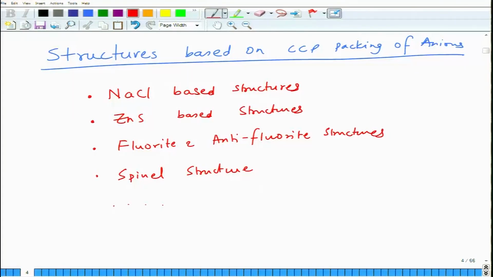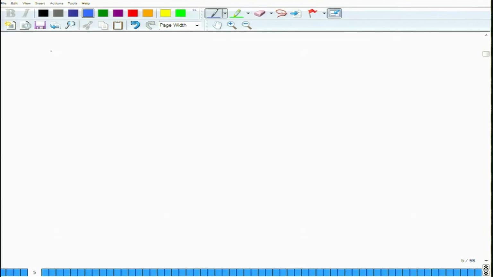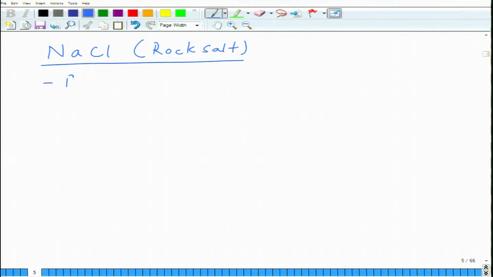So, we will first start our discussion with sodium chloride based structures. If you look at sodium chloride based structure NaCl, it is also called rock salt. Okay. So, these compounds are called rock salt structured compounds.